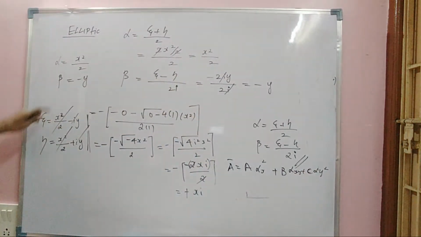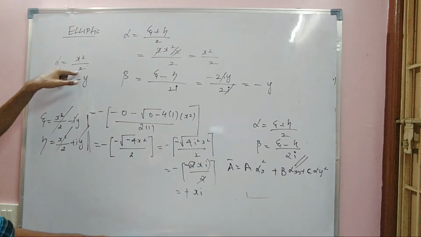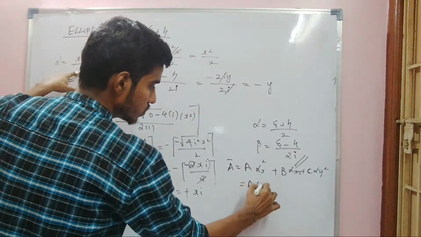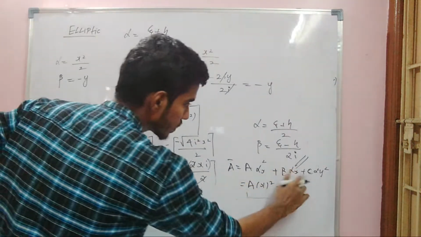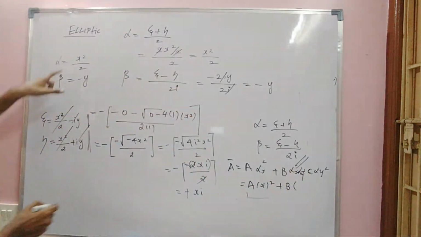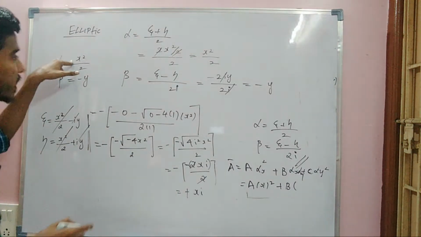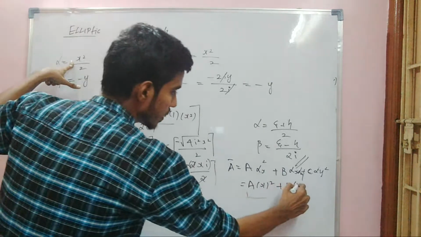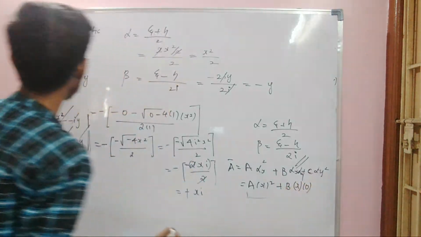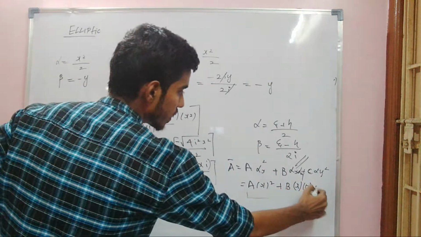So we have a into alpha x square plus b into alpha x alpha y. Alpha x is 2x by 2, so that is x, alpha y is 0, and here we will have alpha y whole square.